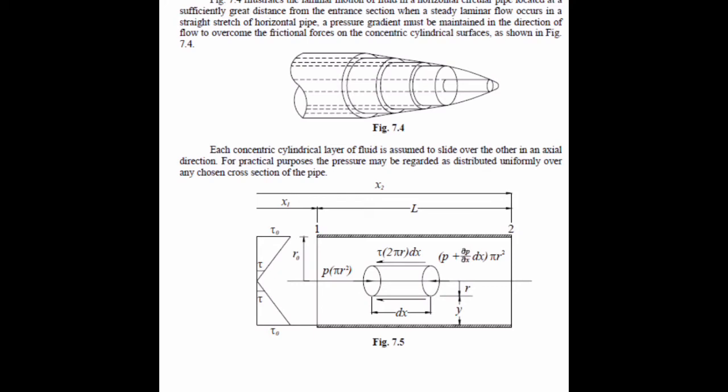In this diagram, for moving further, we have to consider 2 basic assumptions. One is that the flow satisfies Newton's law of viscosity, and the second one is that there is no slip near the boundaries. So these are the 2 conditions we have to remember.